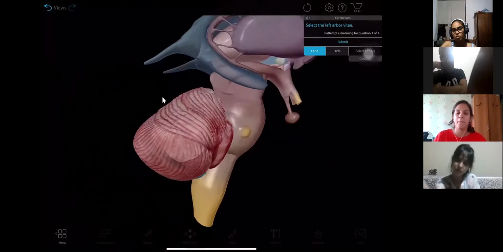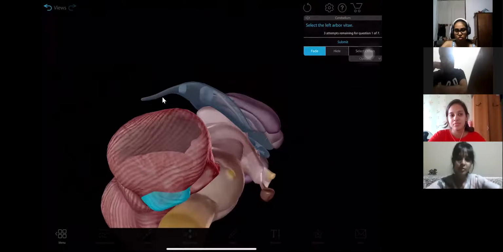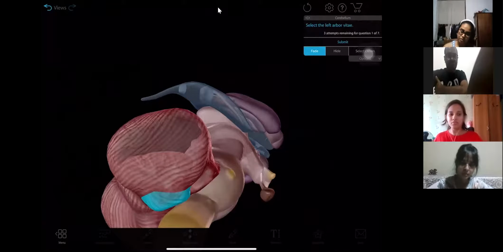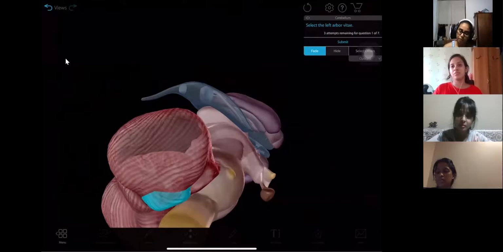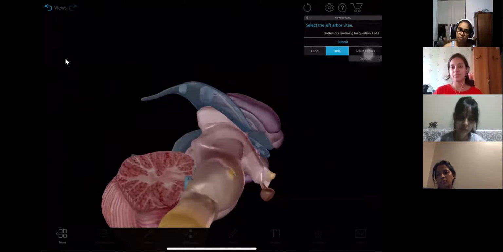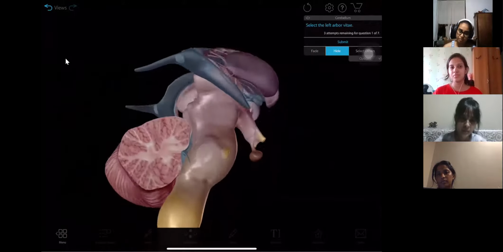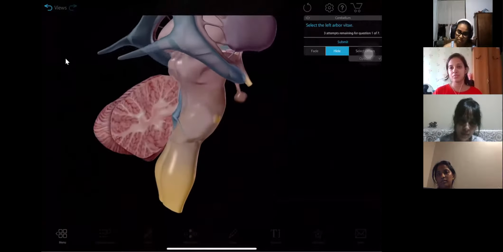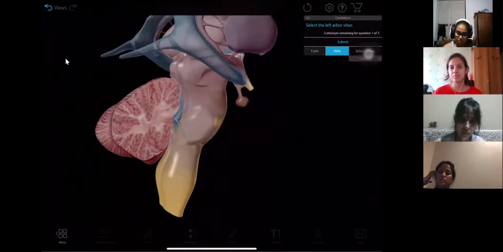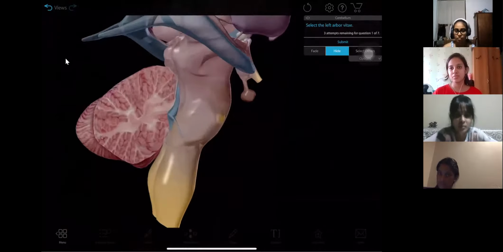Yes. Now, what is the function of the flocculus? It is related to which systems? Vestibular apparatus and the eyes. Yeah, eyes, it has to be in this. It is related to the vestibular apparatus, but because there are nerves that go to the eyes, I add it there.